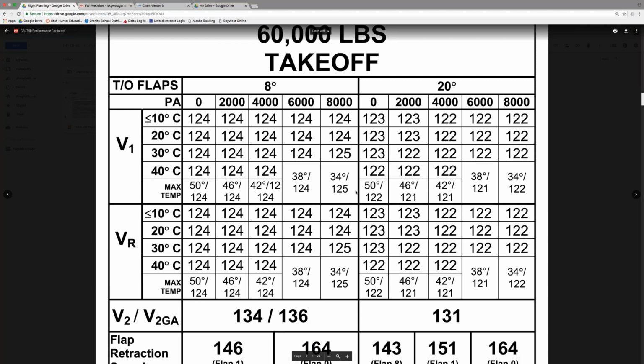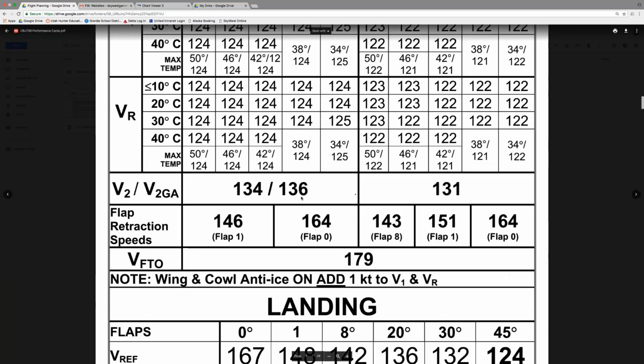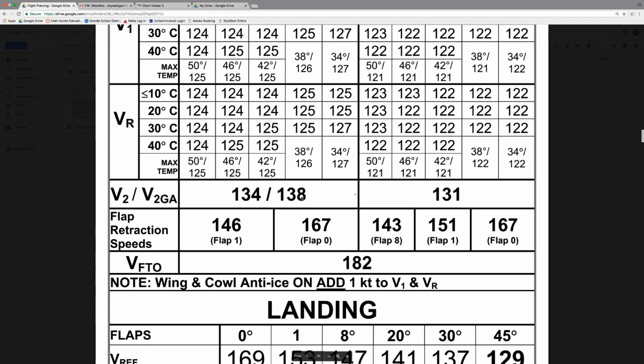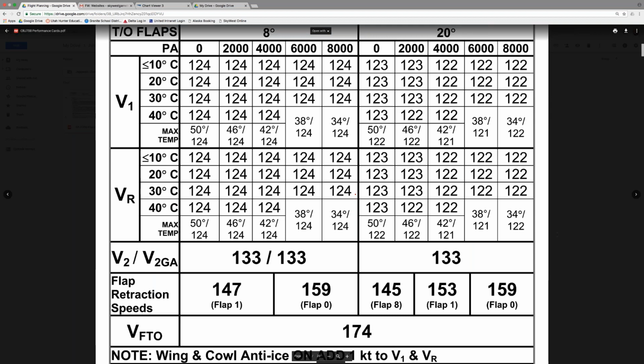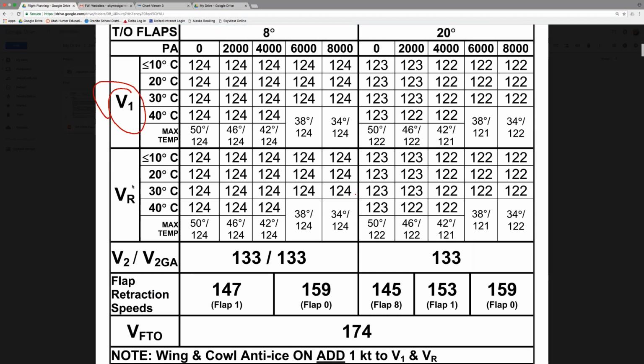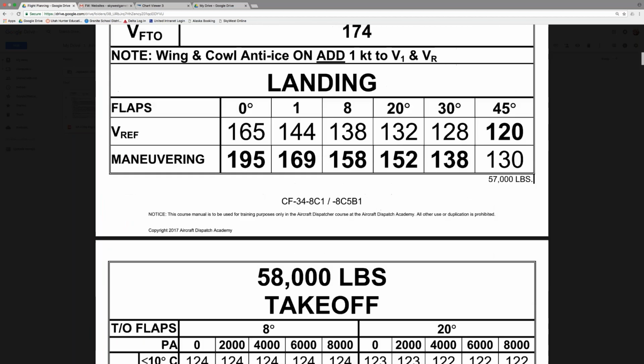So that's going to help us figure out our flap setting. Because you can notice on these charts, we're trying to figure out a couple things. Our V1 speed, our VR speed, V2, our flap retract speed, and for the octopus, I don't know what the FTO stands for, but it's the speed we don't really care about.